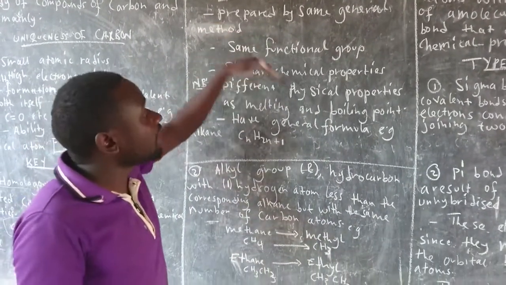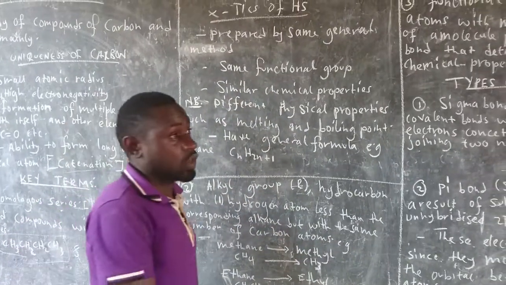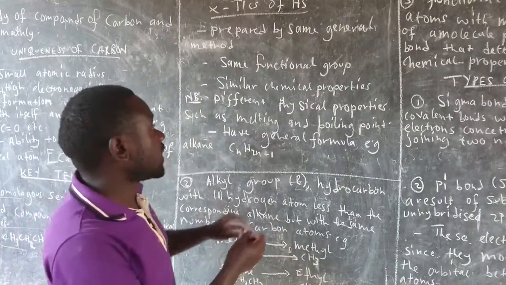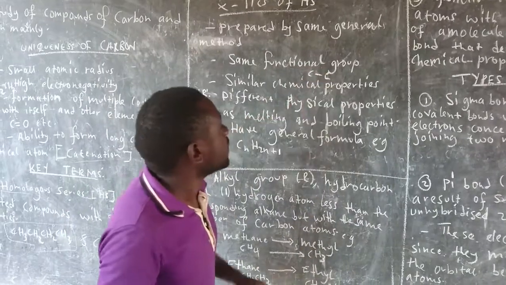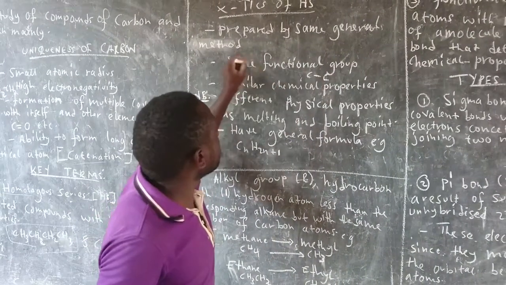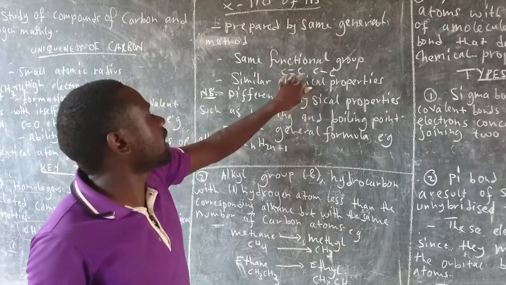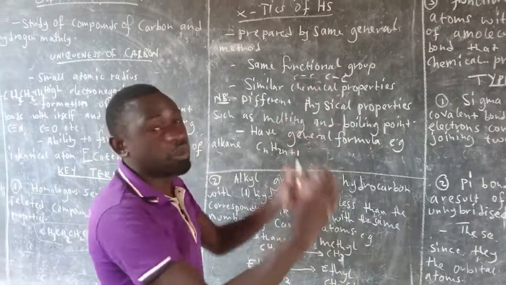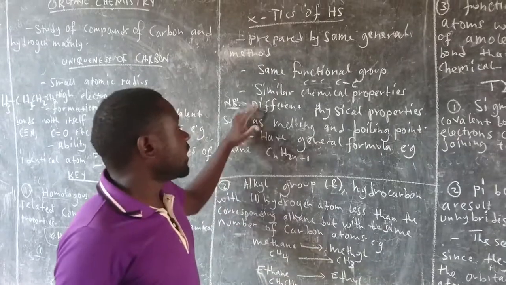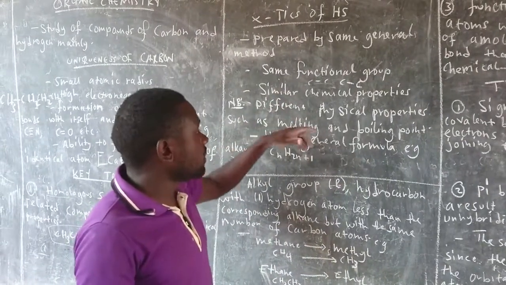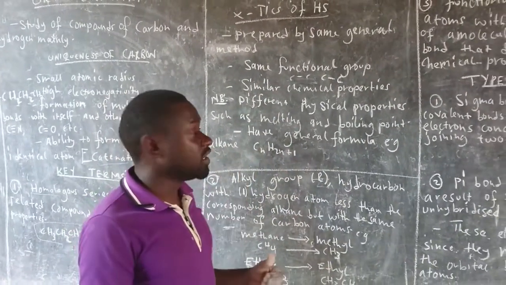Then again, they have the same functional group. They are single bonded. You will not find others having a double bond and others a single bond. They will only have a single bond, with similar chemical properties as in the definition.